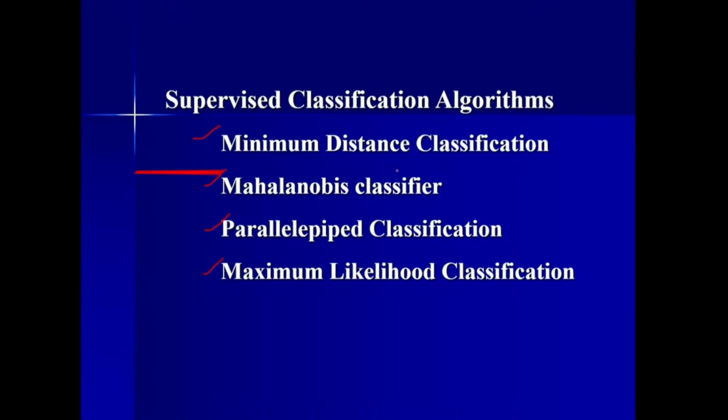In the minimum distance classifier, the formula is the same as I told for unsupervised, that is D_ij equals mod of x_i, that is the input pixel, minus x_j bar.